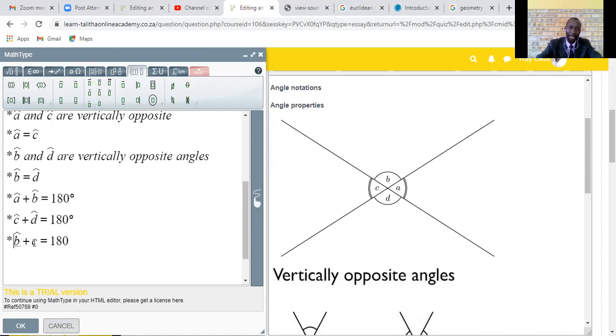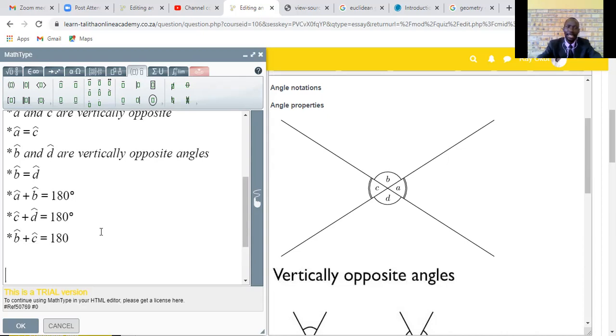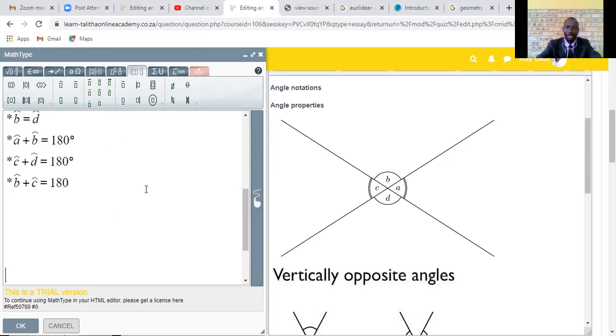B with a caret on top of it, and then C with a caret on top of it. Well, the next thing we want to look at is the other angle, which in this case is C and D. Okay, we have now seen B, D. Oh, CD is already there, so we instead go to D, A. So there we go.